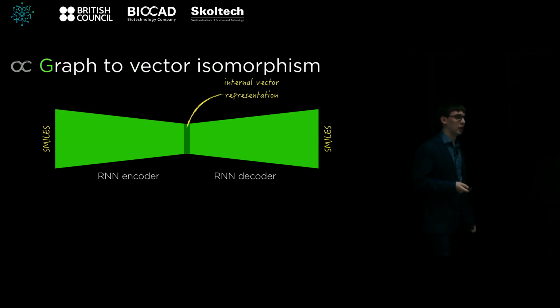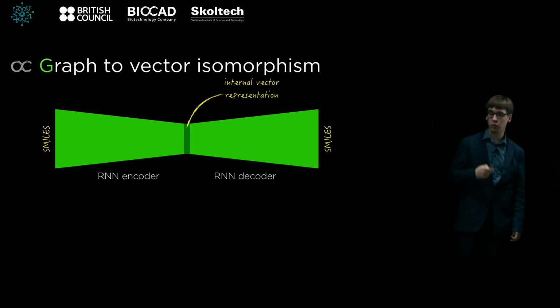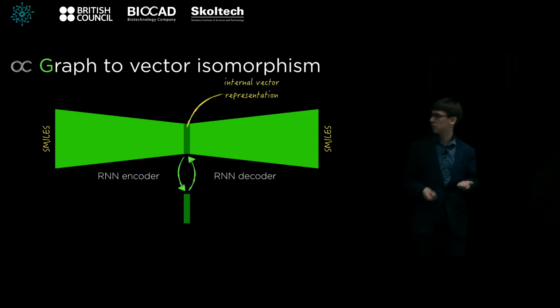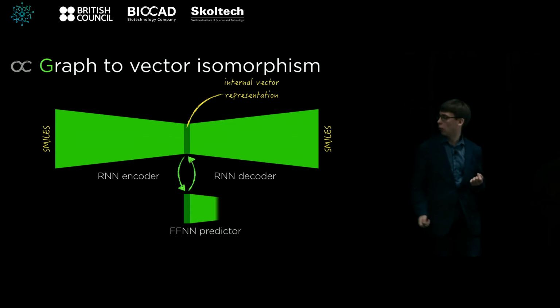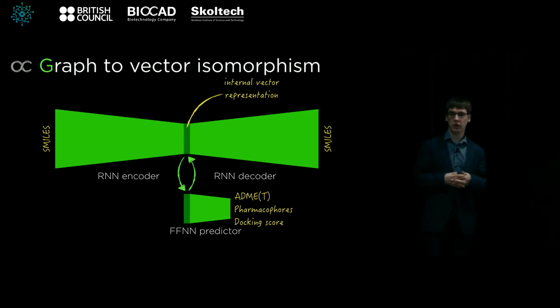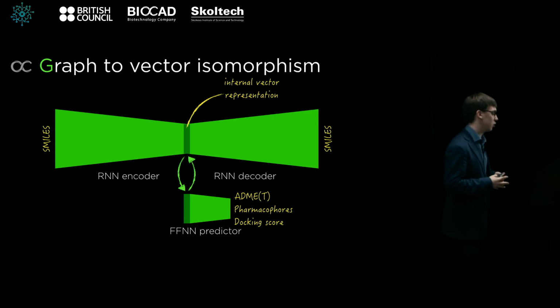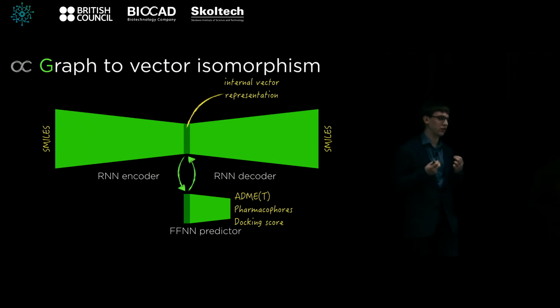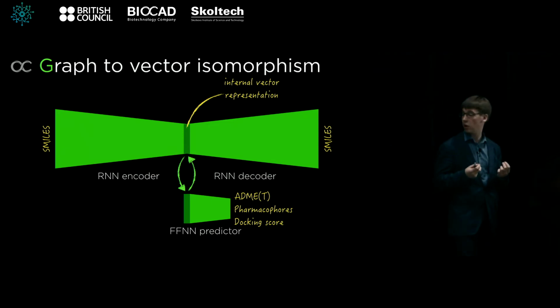But of course we can have lots of different representations of this vector, and we want to use the best one for our needs. So we train one more neural network on this vector to predict useful parameters like ADMET or pharmacophores or docking score to some targets, and this helps us to select the best vector that represents the chemical properties of our molecules.